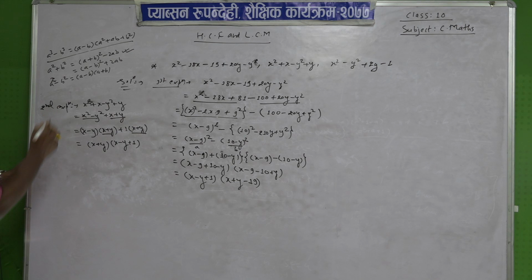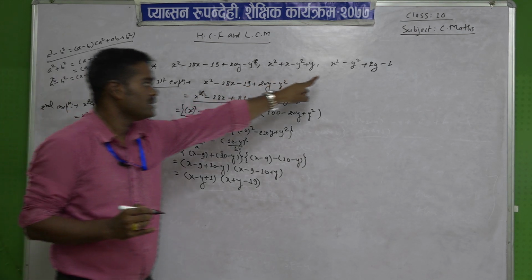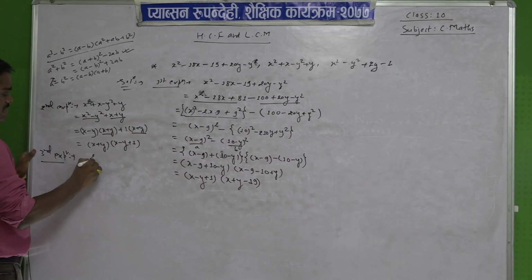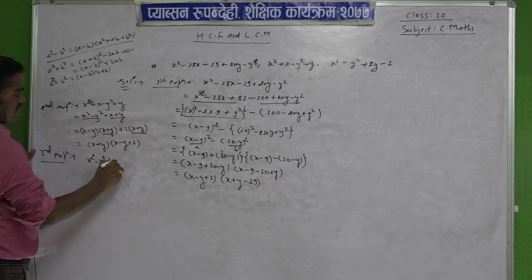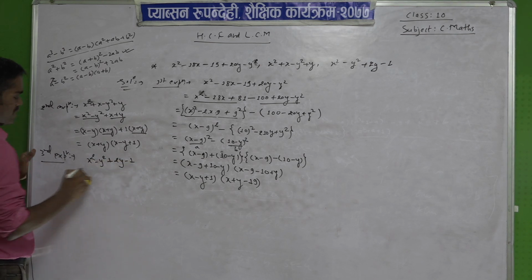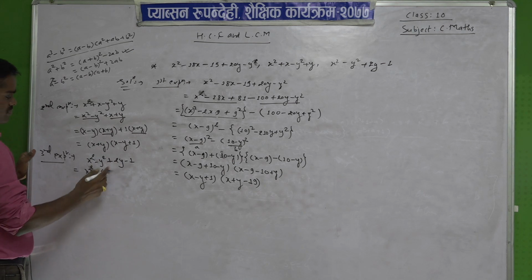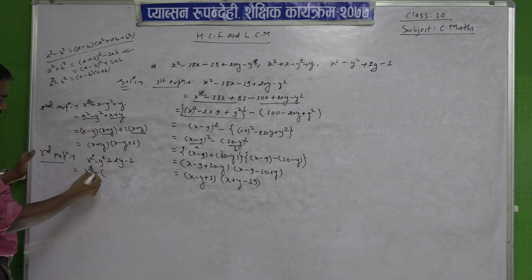And similarly the third expression. What is there? You are watching x square here. See my dear students, x square minus y square plus 2y minus 1. Here you can write it in the form of either a plus b whole square or a minus b whole square. Let us see.